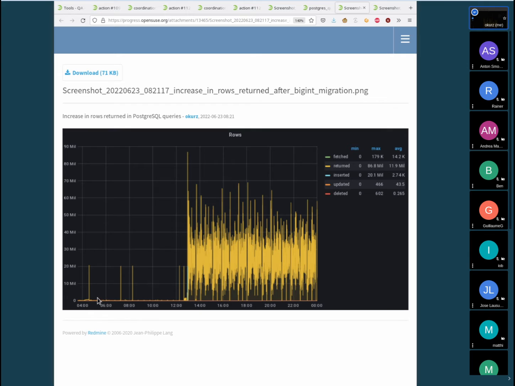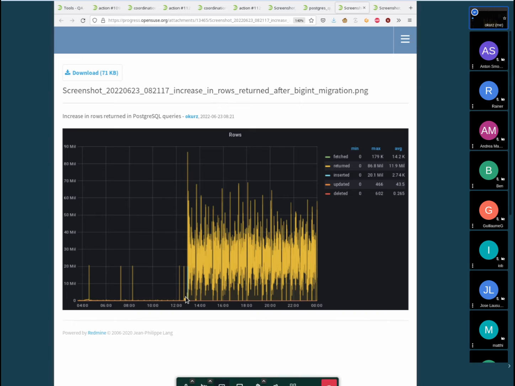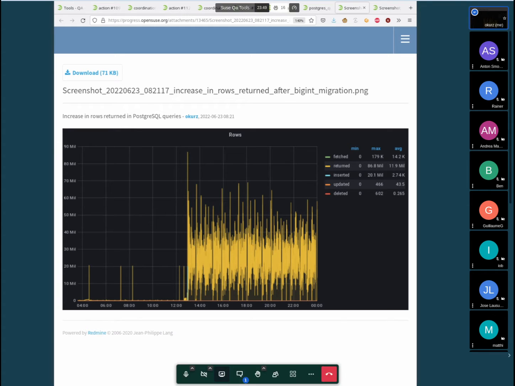It's actually not zero, but in the range of some tens of thousands of rows returned every second. And then suddenly we see a sudden increase into the range of millions, an increase of a factor of thousands.